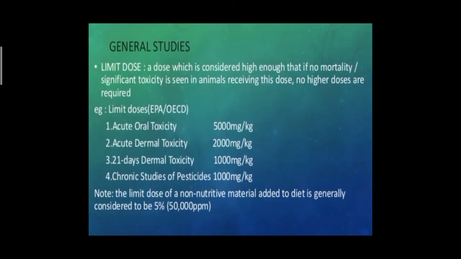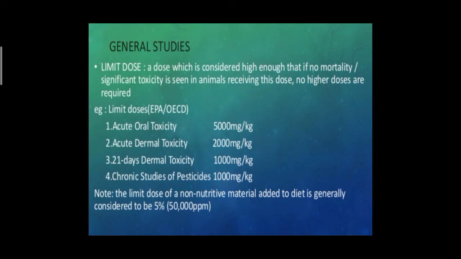You have to know another terminology, the limit dose. A limit dose is a dose considered high enough that if no mortality or significant toxicity is seen in animals receiving this dose, no higher dose is required. By doing research in preclinical studies, they will find the limit dose also.